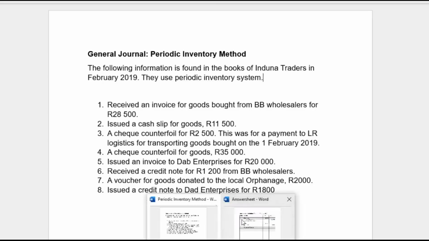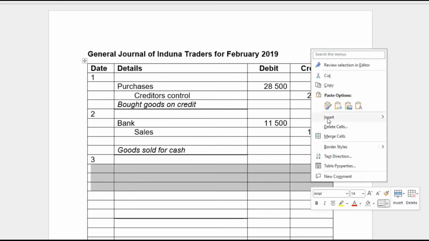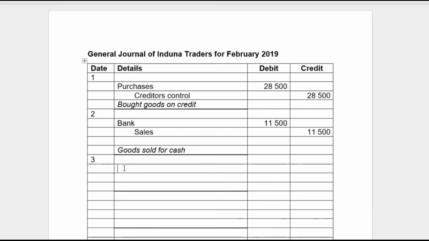So you go to your answer sheet there, transaction number 3, and then you're going to debit carriage on purchases.